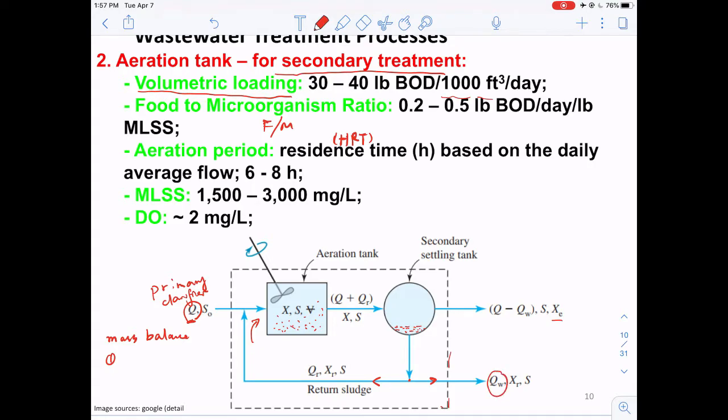So here you can see that the waste stream has a flow rate of QW, and then the effluent stream are going to have a flow rate of Q minus QW. So basically, the first mass balance is just for the water, and the second mass balance is going to be the suspended solids.